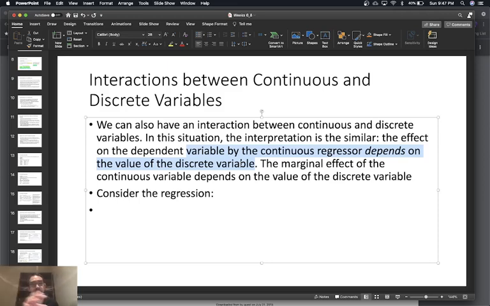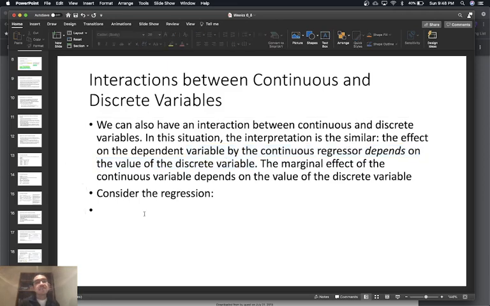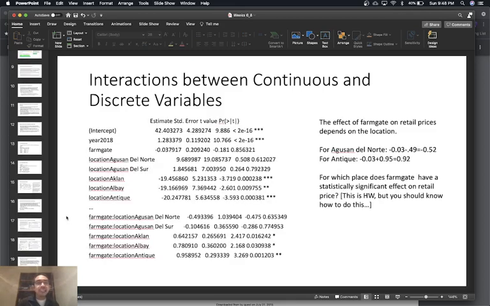Again, you can do the calculation that we did before. The calculation meaning the derivative, the first derivative of y with respect to the continuous regressor. Okay, so consider the regression. I left that blank because it should be clear here what the model is.